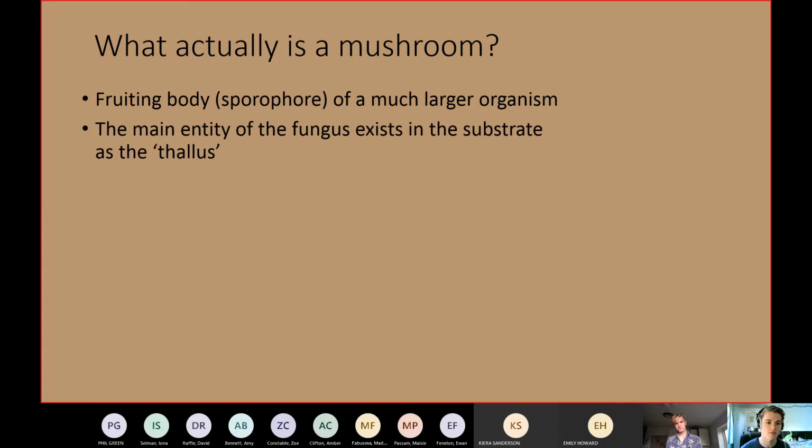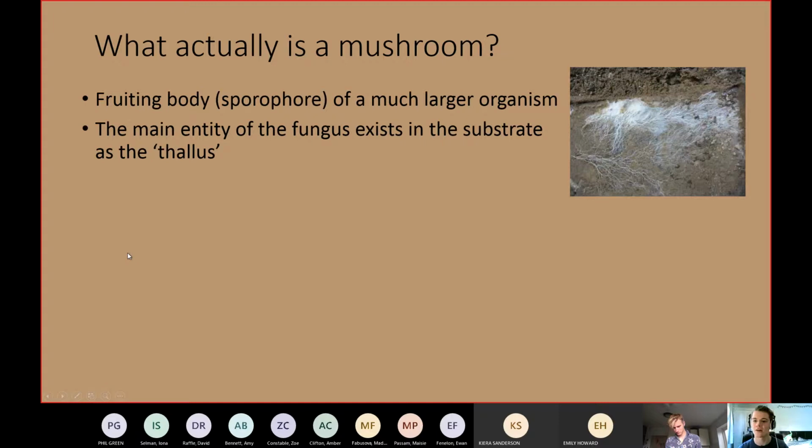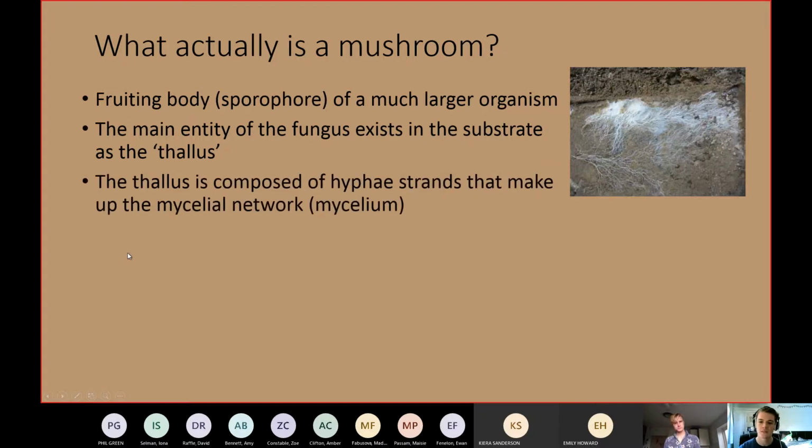The main entity of a fungus exists in the substrate, which is the ground, or whatever it's growing out of. This could be a tree, this could be the ground. There are these hyphae here, which are the main body of the fungus.